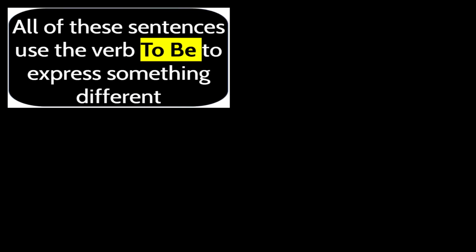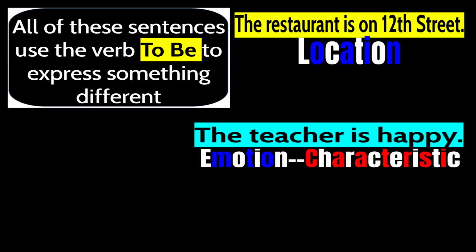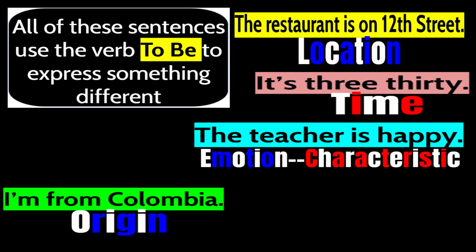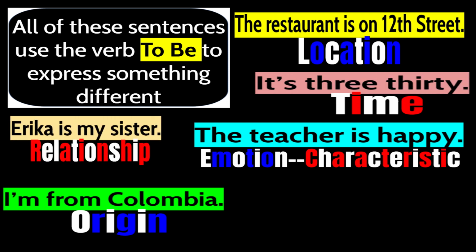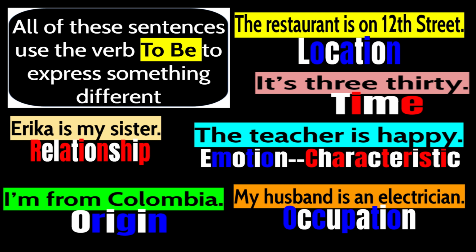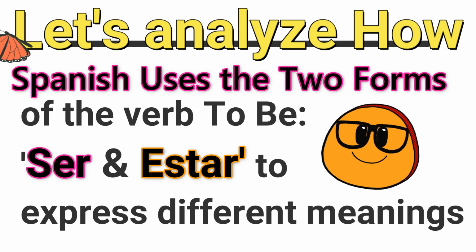All of these sentences use the verb to be to express something different. Let's analyze how Spanish uses the two forms of the verb to be, ser and estar, to express different meanings.